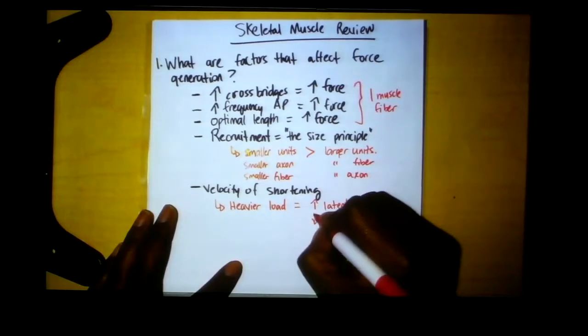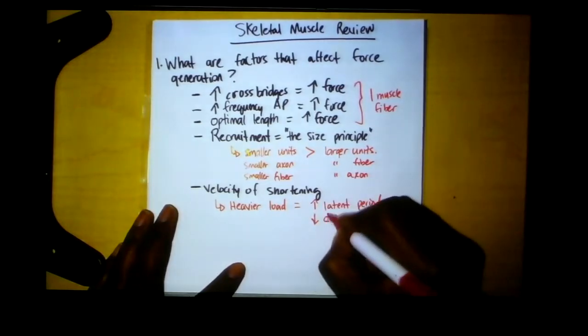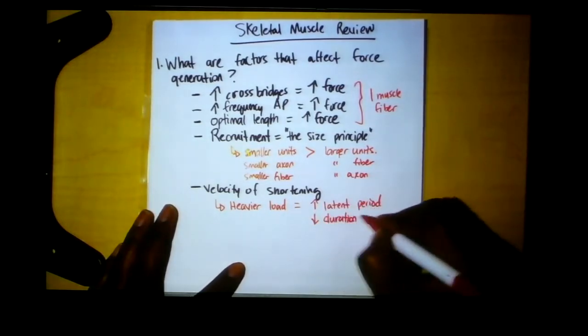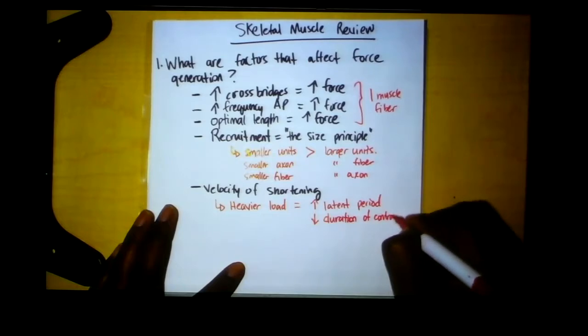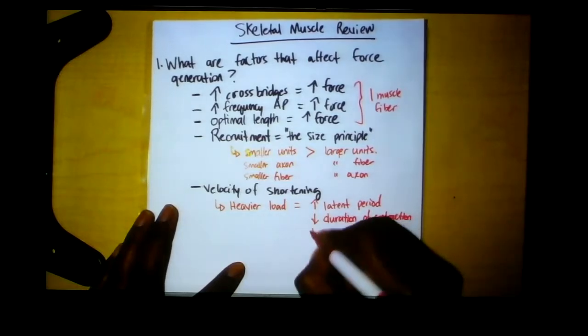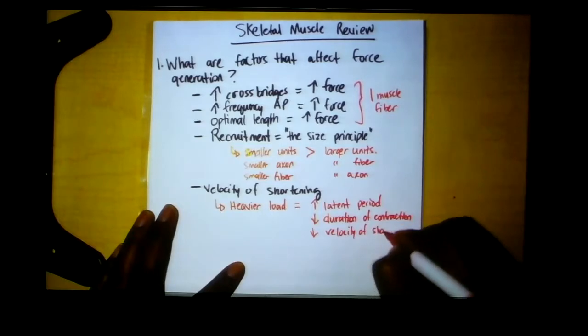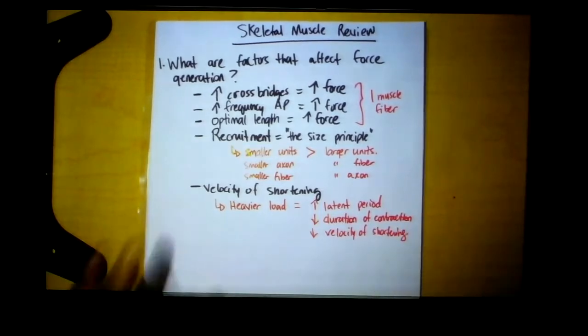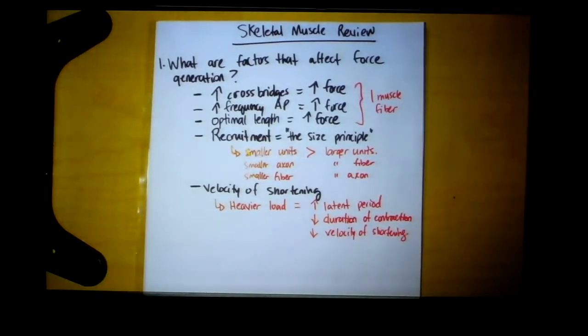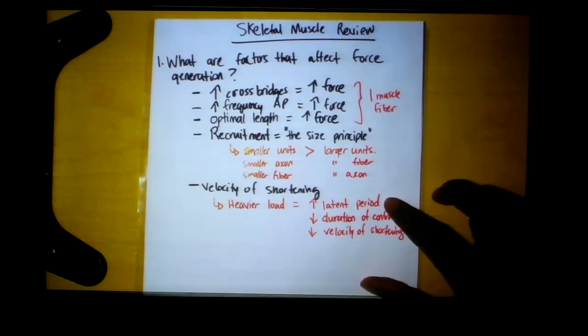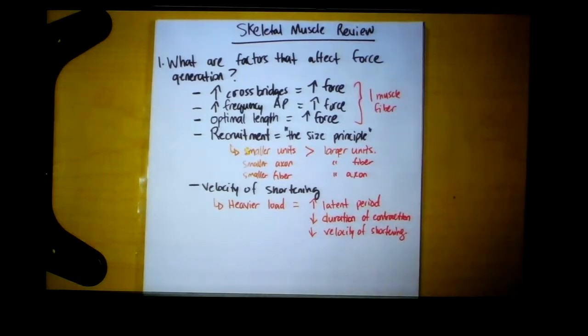But then we have a decreased duration of contraction and a decreased velocity of shortening. Okay, and all that means is the heavier the load, the longer it takes to lift it, the shorter the duration we can actually lift it, and the longer it takes to warm the machinery up to actually overcome this load. Okay, all right, so that's what we spoke about in terms of factors that affect the force generation.